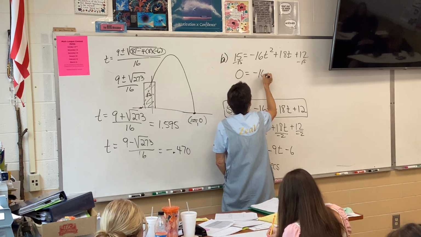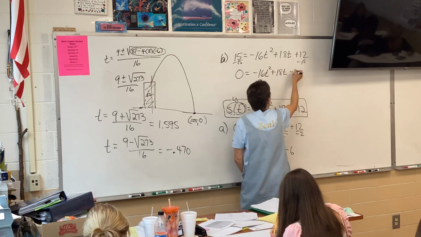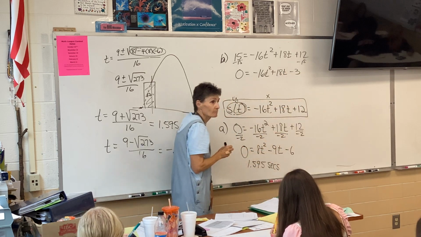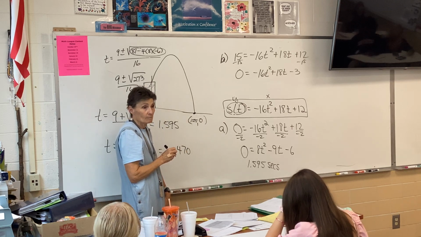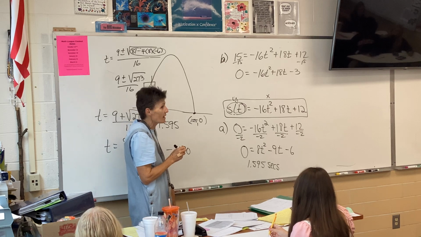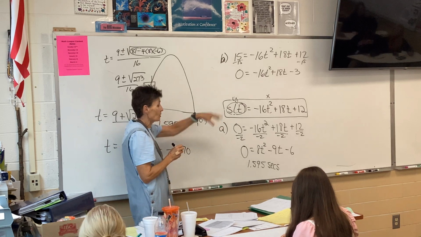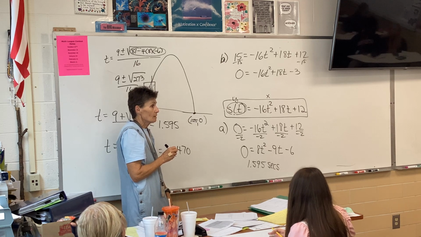So negative 16t squared plus 18t minus 3. I don't think there's a GCF this time, so I'm stuck with those big numbers.